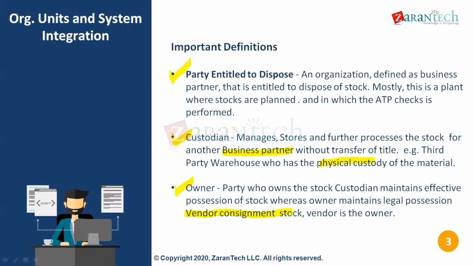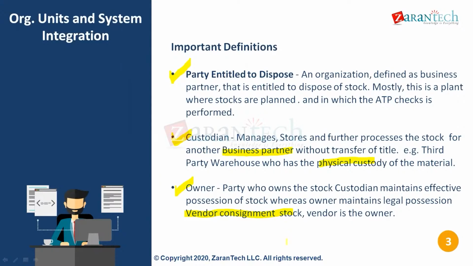When we want to change it from vendor consignment stock to our own stock, we will change the owner from BPXYZ to BP1934. So changing the owner will do a transfer posting from vendor consignment stock to our own stock.